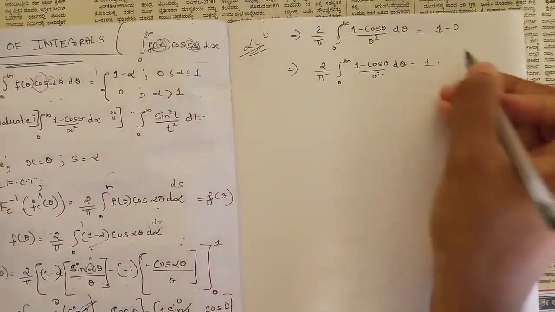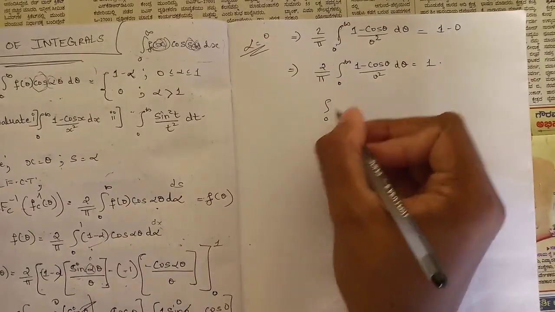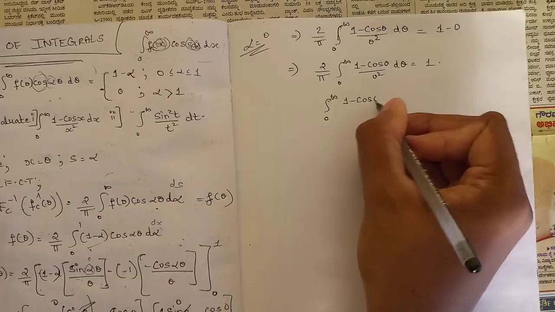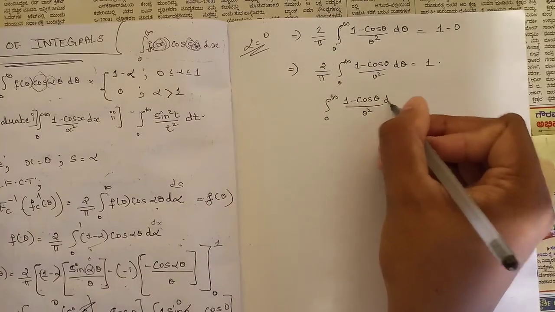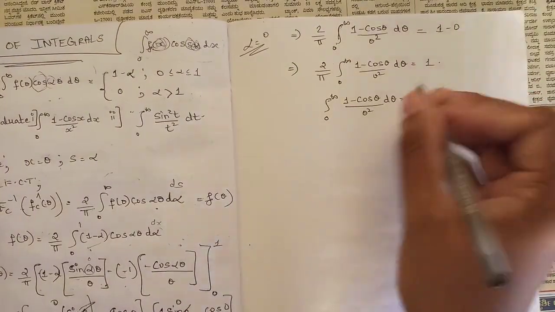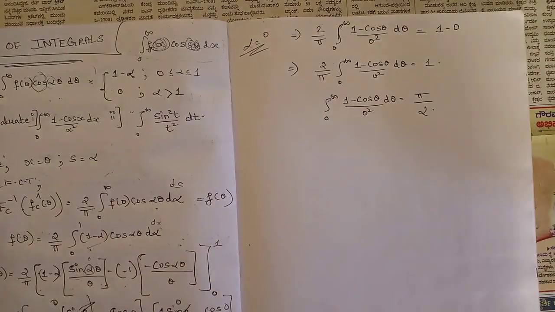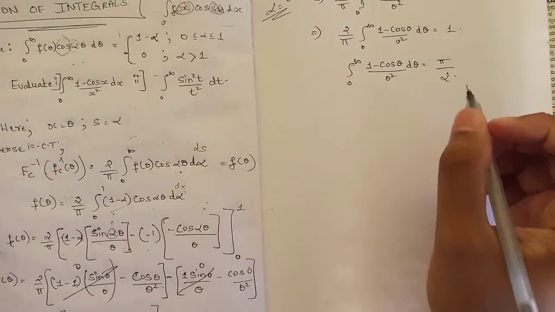So now bring this 2 by pi to the other side, that is 0 to infinity, 1 minus cos theta by theta square d theta is equal to, there is 1, right? So if we bring this to the other side it would be pi by 2. So now again we have nearly completed the problem.